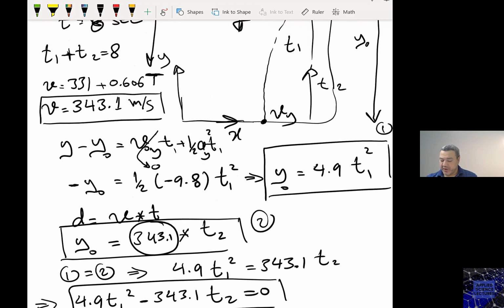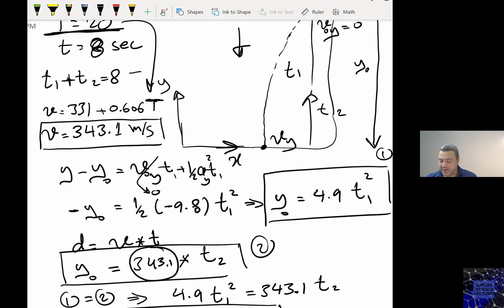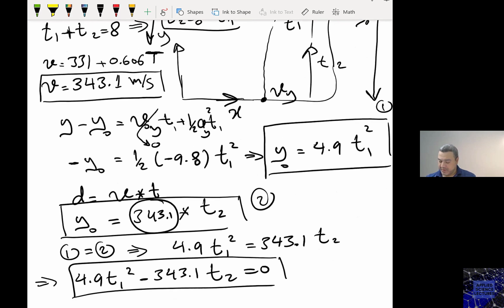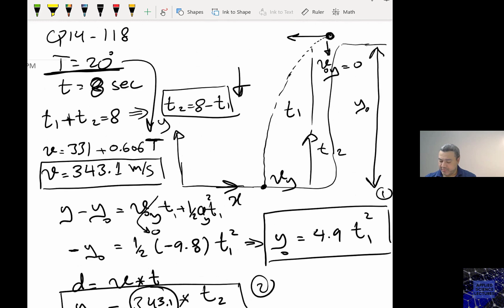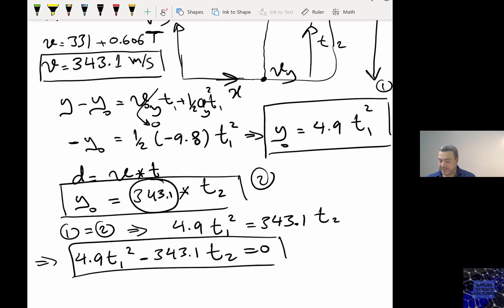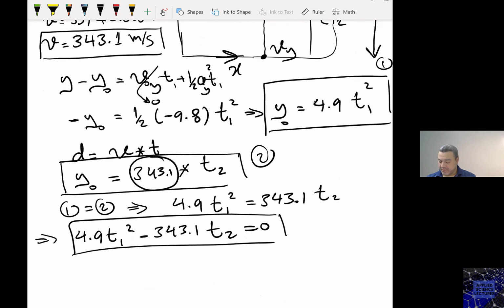Now, from the other equation, I write T2 equals 8 minus T1, and I call this one 3 and the previous one 4.